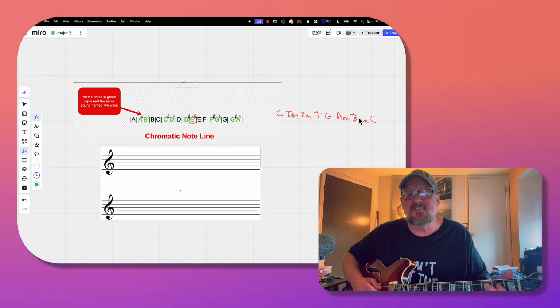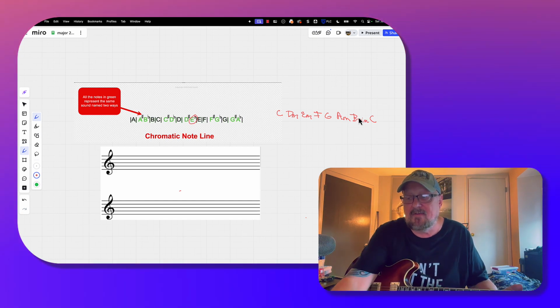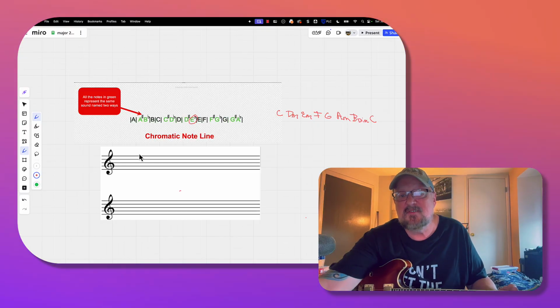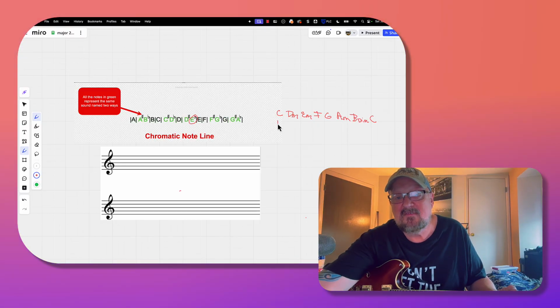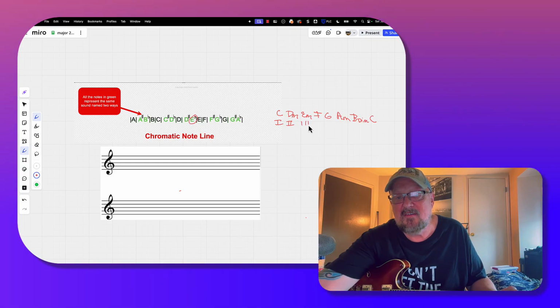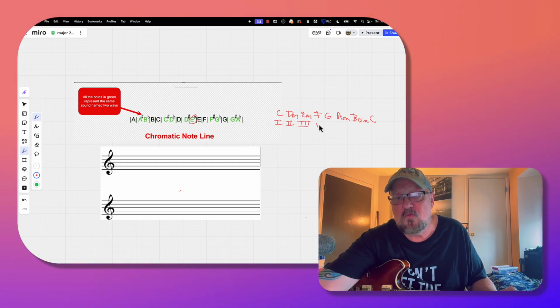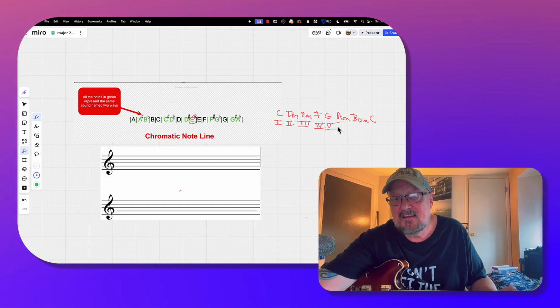So anyway, we assign these all numbers. C is 1, right? 1 major, or just 1. This is 2 minor. This is 3 minor. This is 4 major. This is 5, right? This is 6. This is 7 diminished, and this is 1 again.